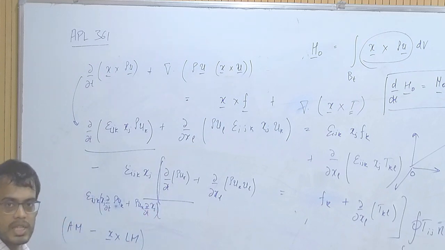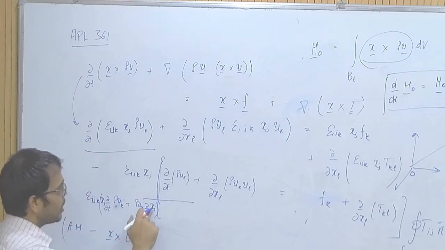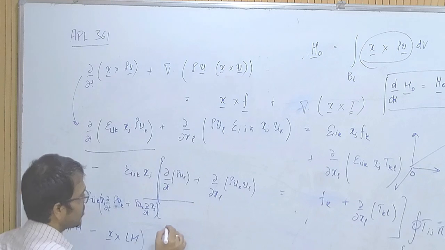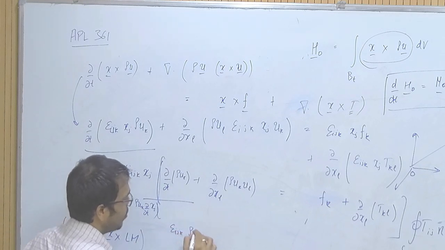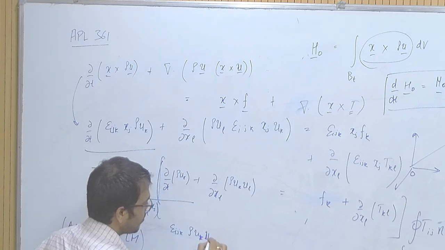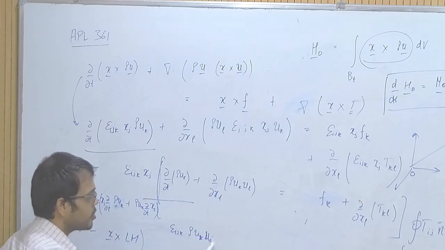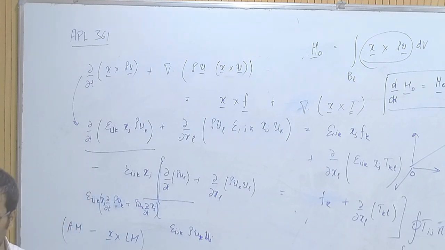Del by del t of xj is basically uj. So what is epsilon ijk rho uk uj going to be? 0, because rho uk uj is a symmetric tensor. In the direct notation you can think of it like taking the cross product of velocity with itself, which is obviously 0.